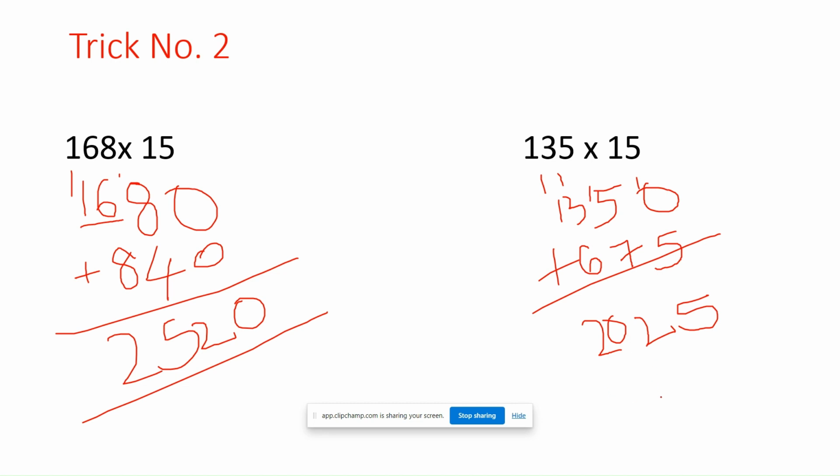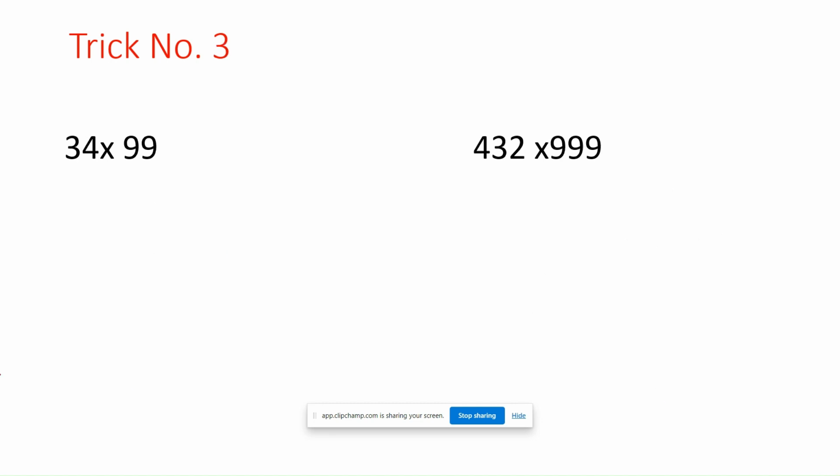Yes, this trick is applicable only for numbers multiplied by 15. Now the last trick is, whenever you find numbers like 34 into 99, if you have two-digit numbers, you should have only two nines here. If you have three-digit numbers, you should have three nines. Then only this trick is applicable.